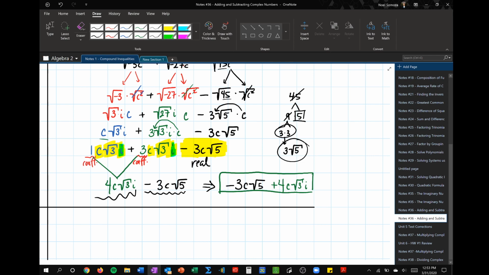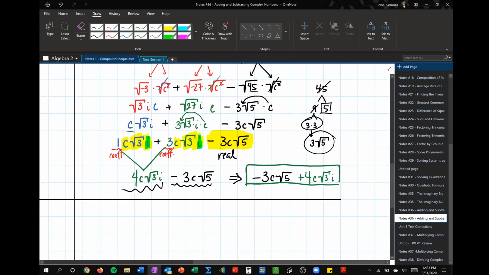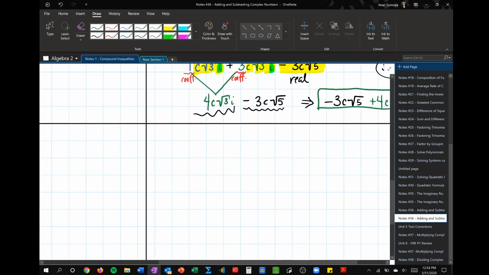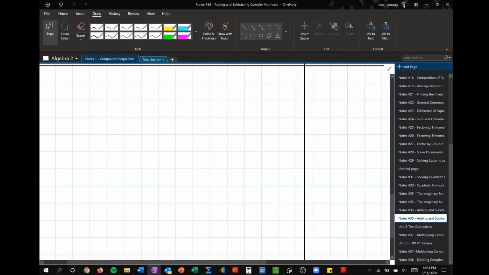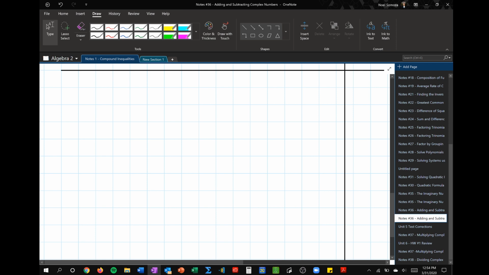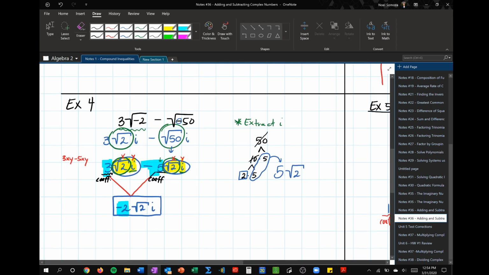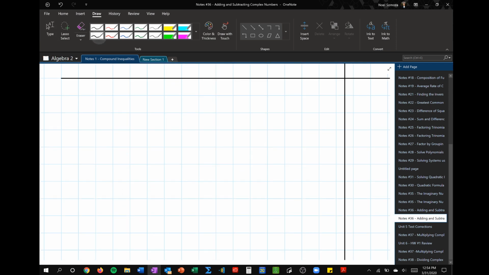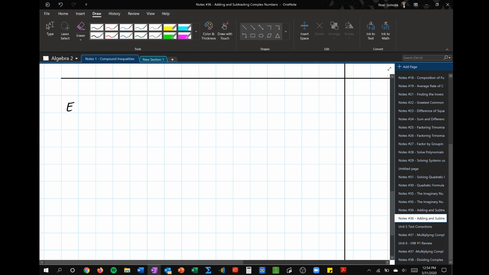All right. And now let's do one last one, just to get comfortable with all of these moving parts. So for example, number 6. Something similar.